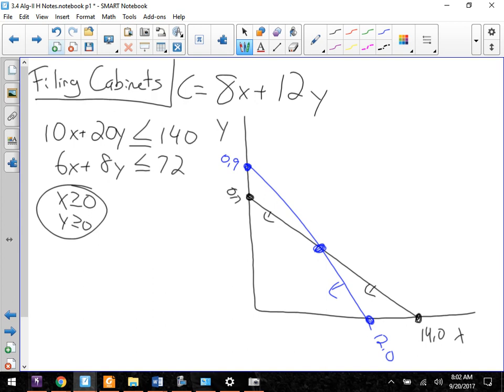Okay. So when I find the intercept there, I'm going to do the following. X plus 2y is 14. I just simplified this equation real quick. Took out the 10. And I'm going to say x is 14 minus 2y. Substitute in the other one, we'll have 6 times 14 minus 2y plus the 8y is 72.